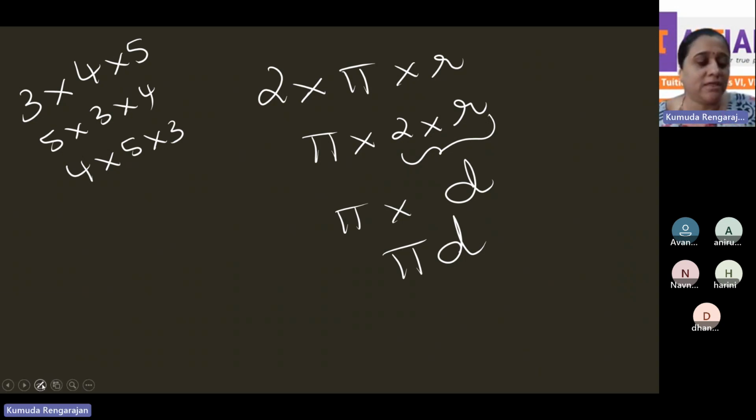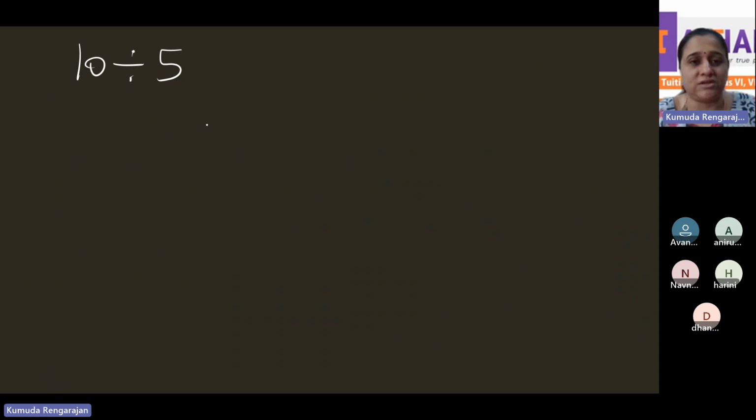I'll tell you again. Now, we know that multiplication is associative. You can change the order and multiply. You cannot change the order and divide. Division is not commutative or associative. 10 divided by 5 is not the same as 5 divided by 10.